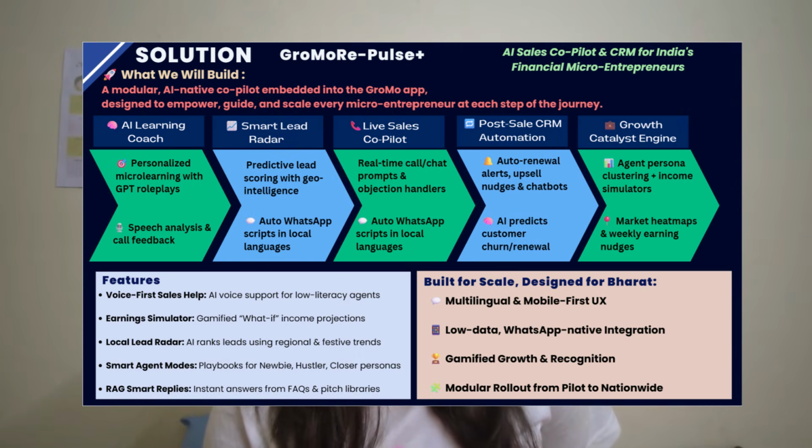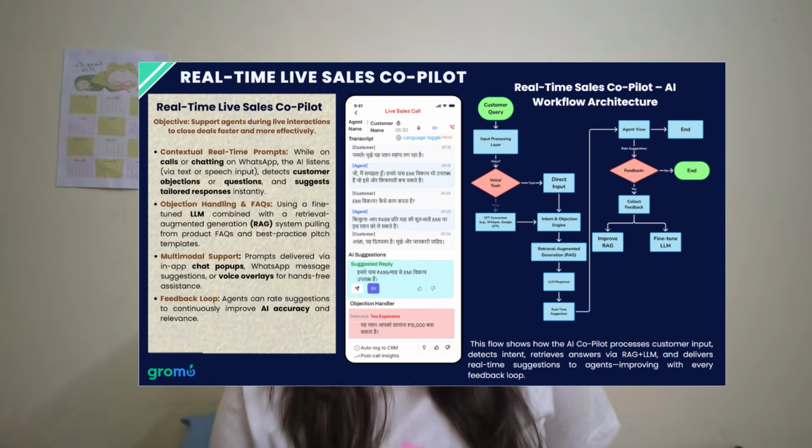One of our finance hackathon decks had several modules: a learning coach, a lead radar, live sales co-pilot, CRM automation, and a growth engine. There was a lot of product thinking. But several large modules appearing at once made the central promise harder to repeat.